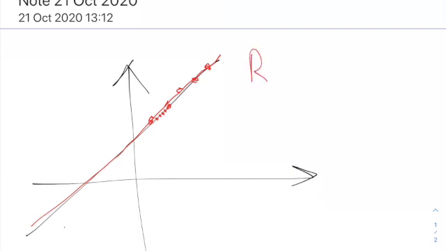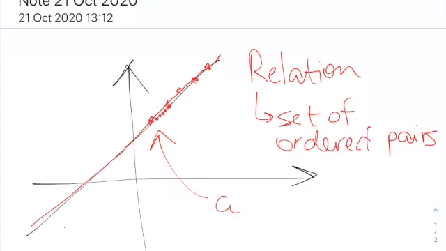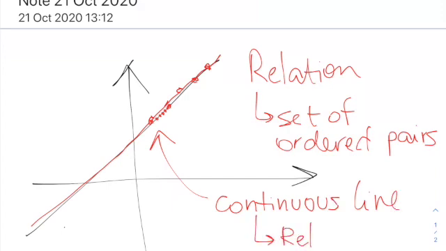So if we talk about a relation, it is a set of ordered pairs. This means that if I have a graph of a continuous line, this is also a relation because a continuous line has infinite ordered pairs.